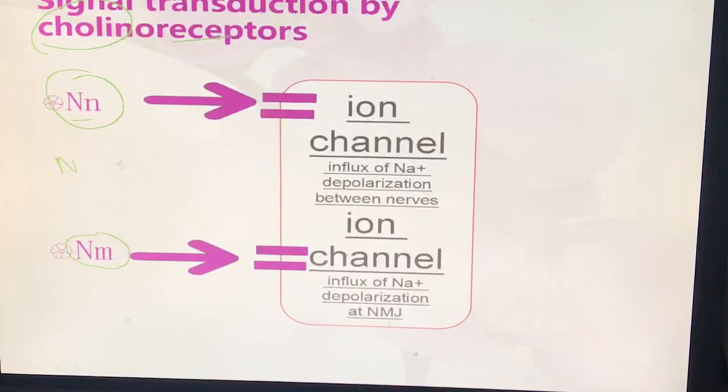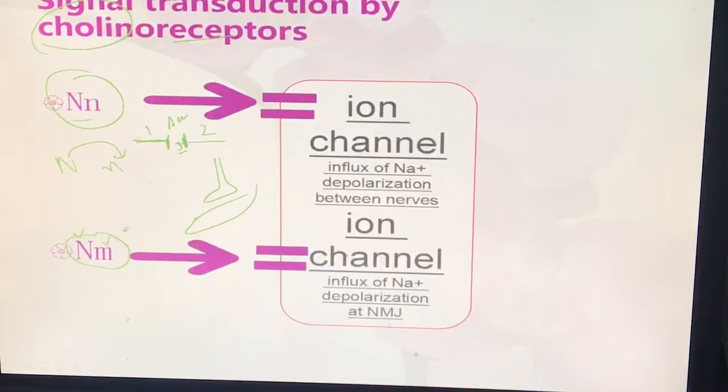NN means nerve to nerve, present at the synapse between nerve number 1 and nerve number 2. Acetylcholine released from nerve number 1 acts on the receptor on nerve number 2; these are nicotinic NN receptors. NM is at the neuromuscular junction, nerve to muscle, where the nerve supplies a skeletal muscle.